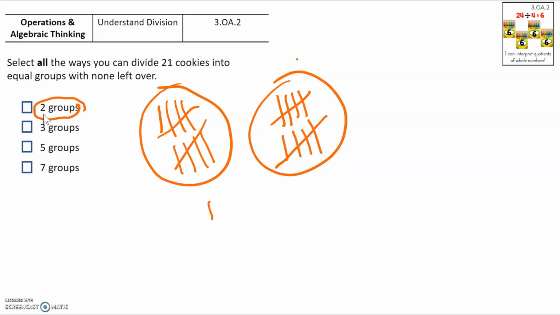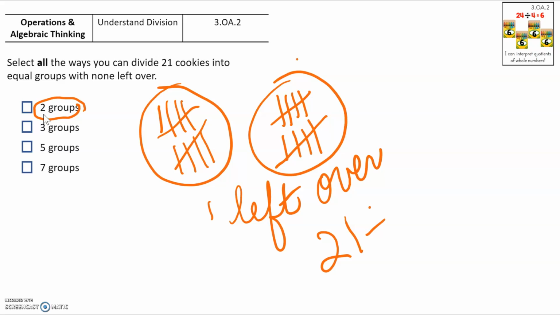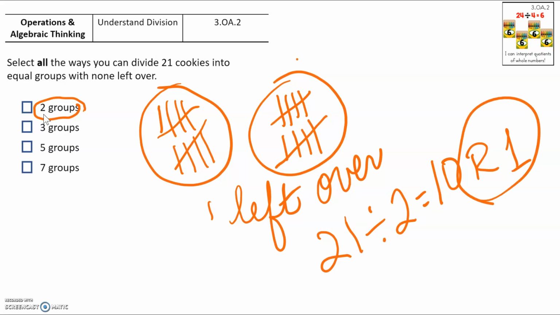I have one left over, which means 21 divided by 2 would be 10, remainder 1. That's a little new, this remainder, but this is just your leftover, which is that cookie that we had left over. So we know this one is not accurate.